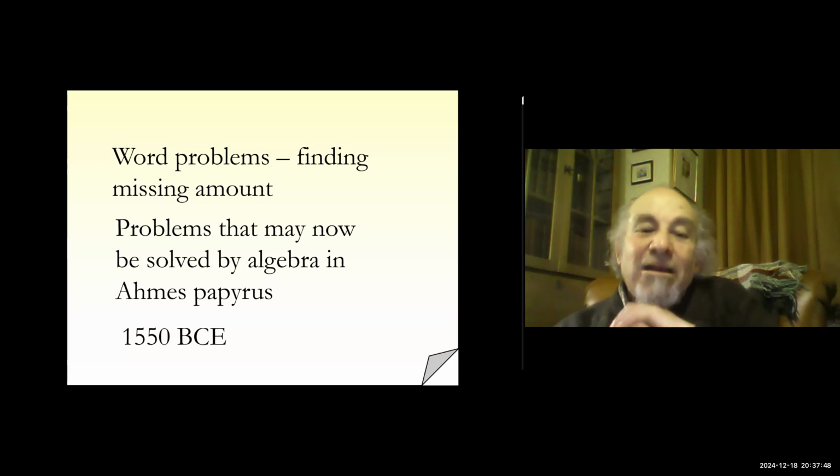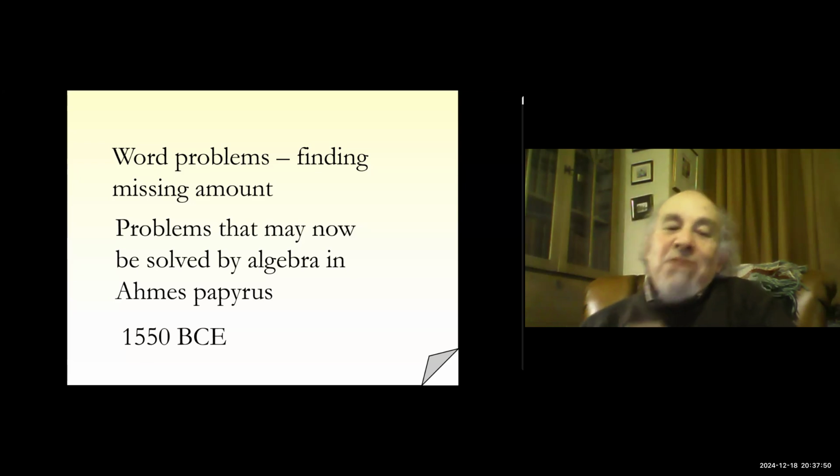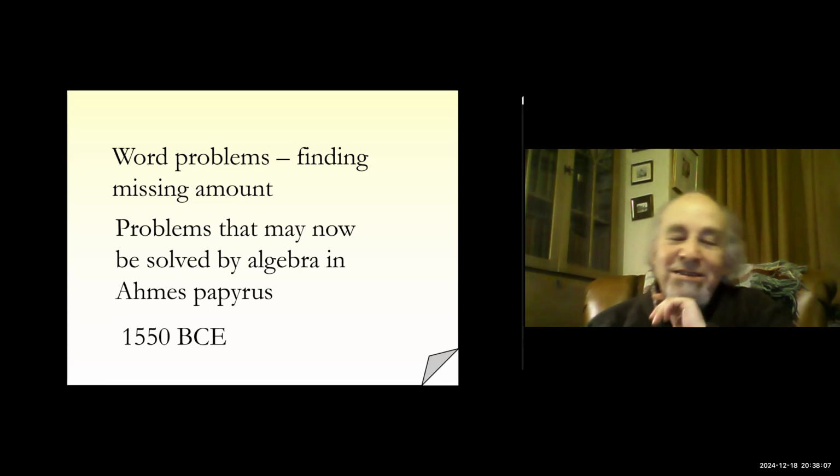So again, going right back to an early period, we look at what really is a basis of how the introduction to algebra has this area of finding a missing amount, which is obviously written as the x now.